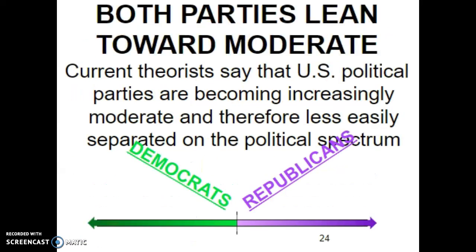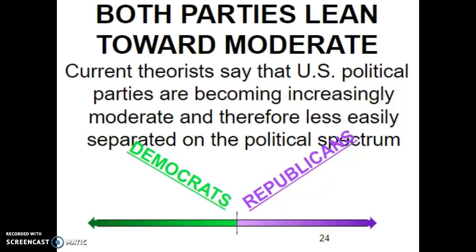Both parties lean towards moderate, and we talked about polarization and how once they're in office, once they're elected, we're starting to see a divide between the parties, making it so hard to come to any agreement because both fear one another.